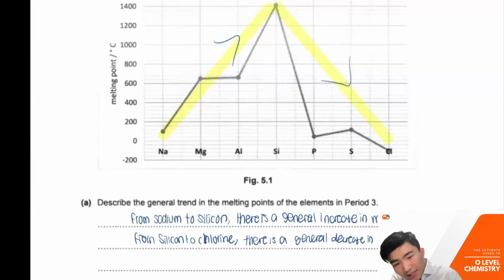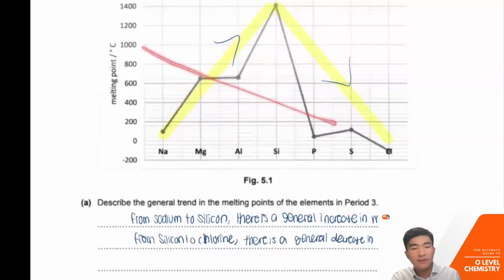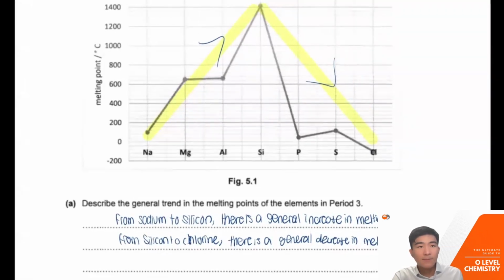This is what is known as a general trend. General trend means how does the graph generally look like? Does it go up then come down, or is it just an increasing graph, or just a decreasing graph? This is a general trend.